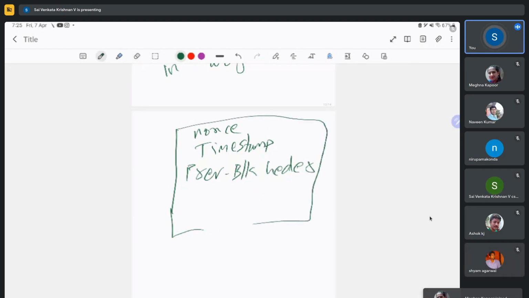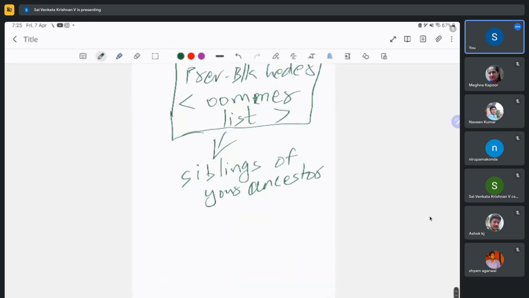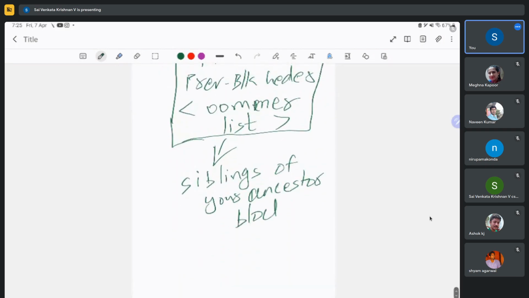Apart from these fields, in an Ethereum block you will have something called the rumor list. Spelling I'm not sure, but this is something like siblings of your ancestors, of the ancestor block, is included.